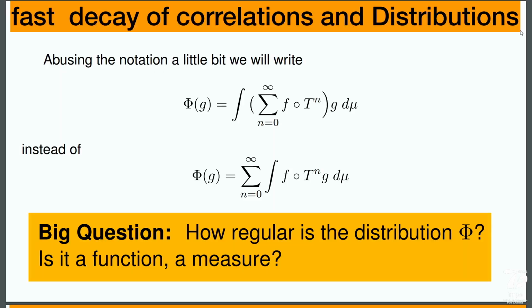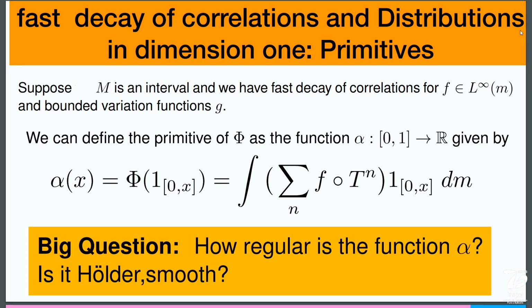And then you can ask about the regularity of this distribution. How regular is this distribution? Is it really a function, or maybe a measure, or something more complicated? In one-dimensional dynamics, real one-dimensional dynamics, you can do something that may make you more comfortable.